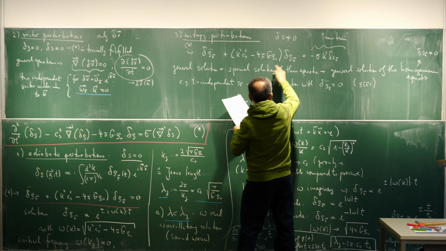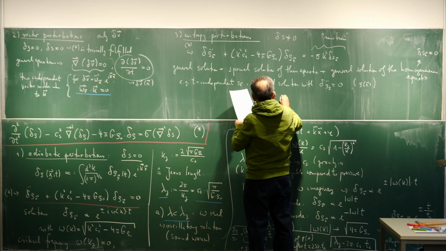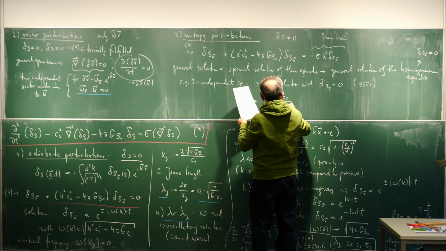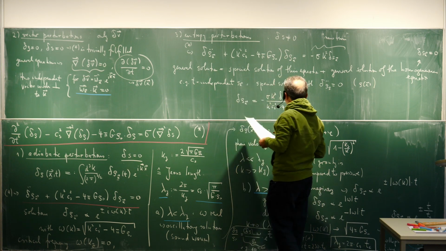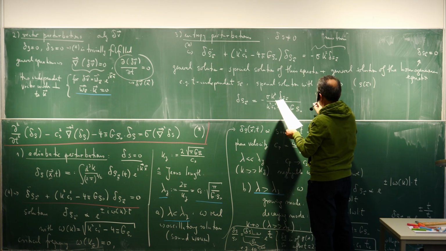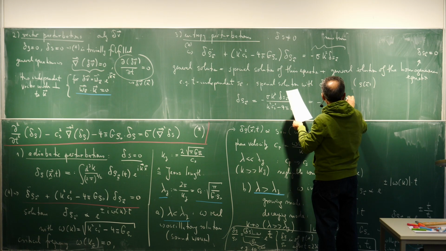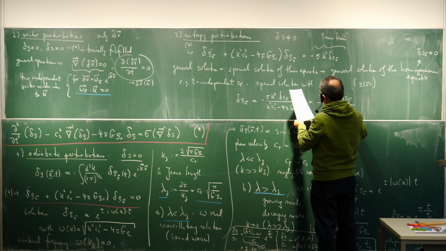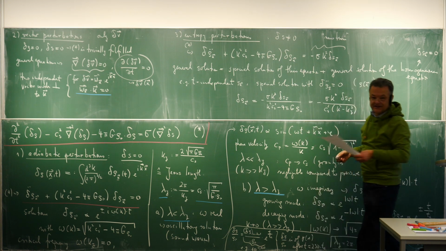Then you just divide this through. It is minus sigma k squared delta S k over k squared cs squared minus 4 pi g rho naught, which you can also write as minus sigma k squared delta sk over cs squared times k squared minus k J squared.